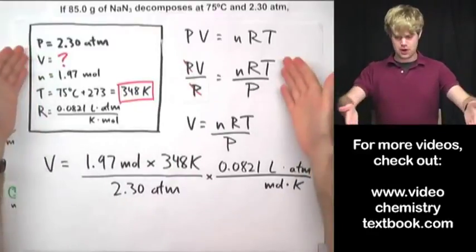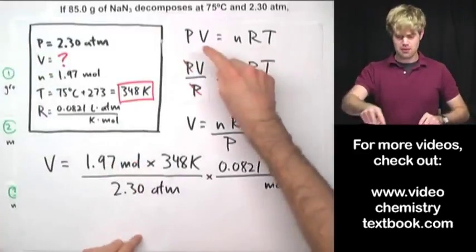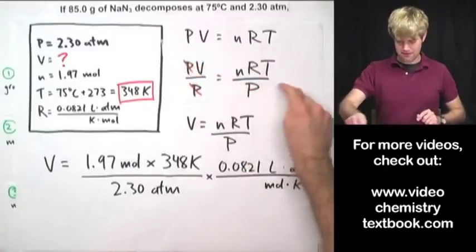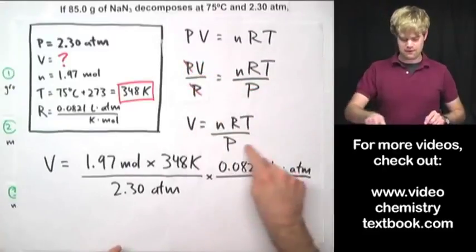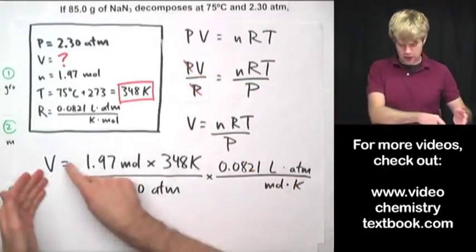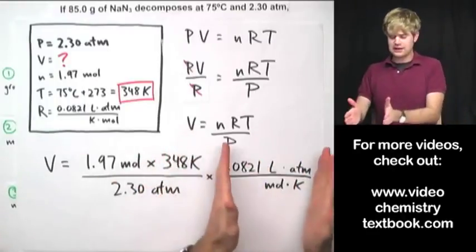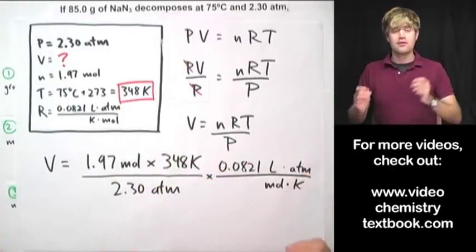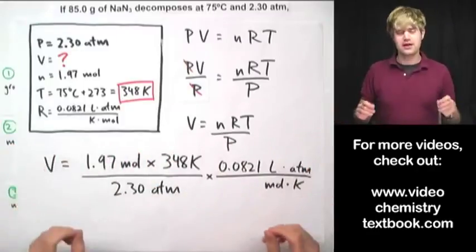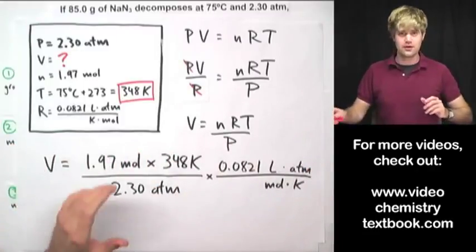PV equals nRT, divide both sides by P, cancel that out, V, and then I plug everything into this equation. I leave R till the end. If you have any questions about how to set up and solve the ideal gas law, I have a whole bunch of videos on those that should help.